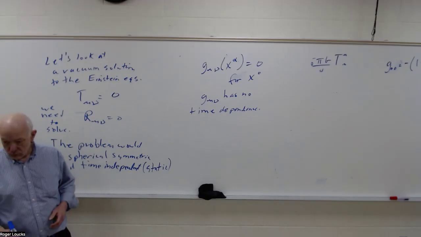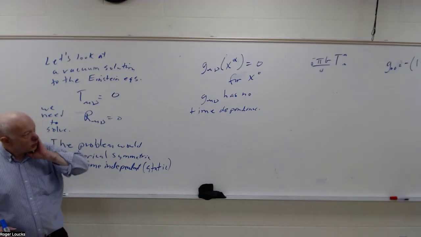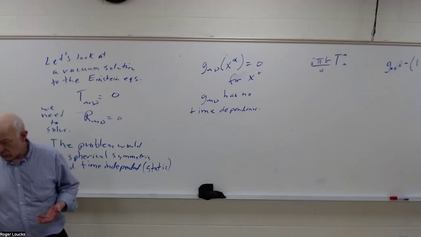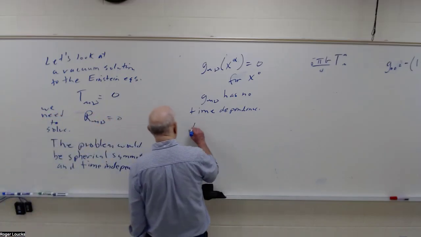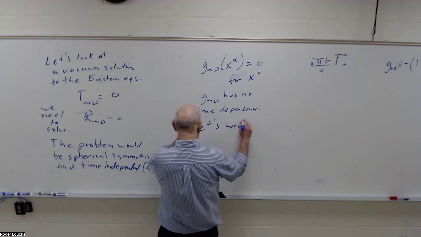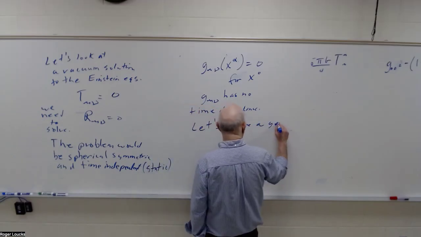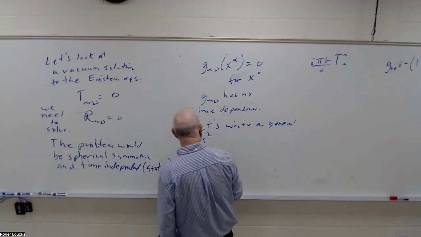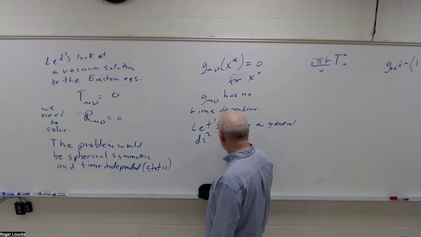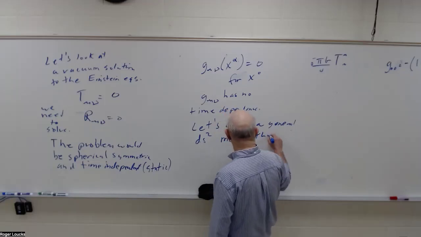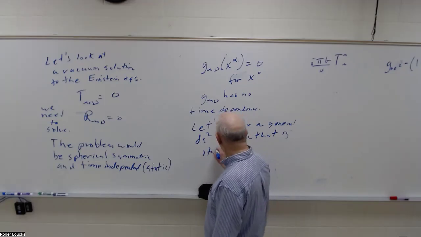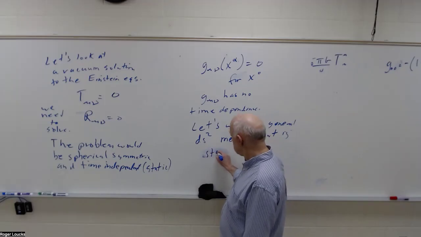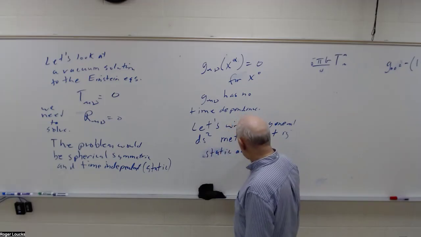That makes sense? So what we want to do is write a spherical problem and make it more general. So let's write the general ds metric that is static and spherical.